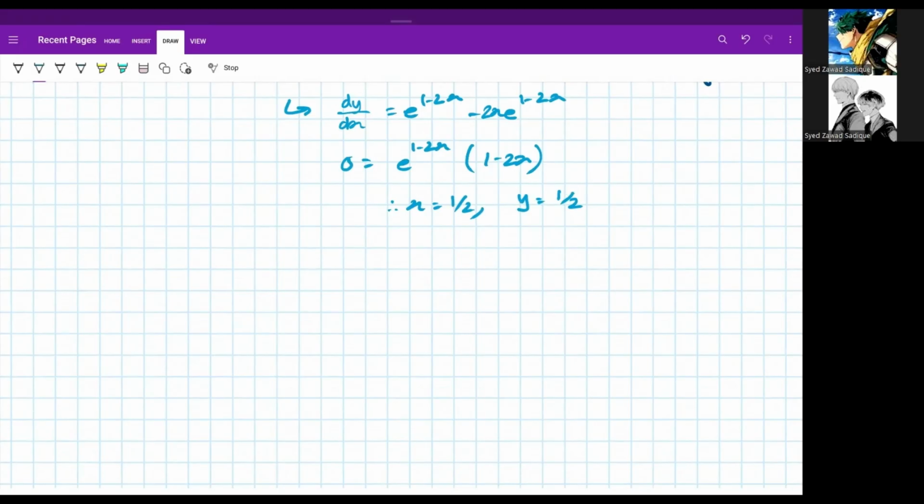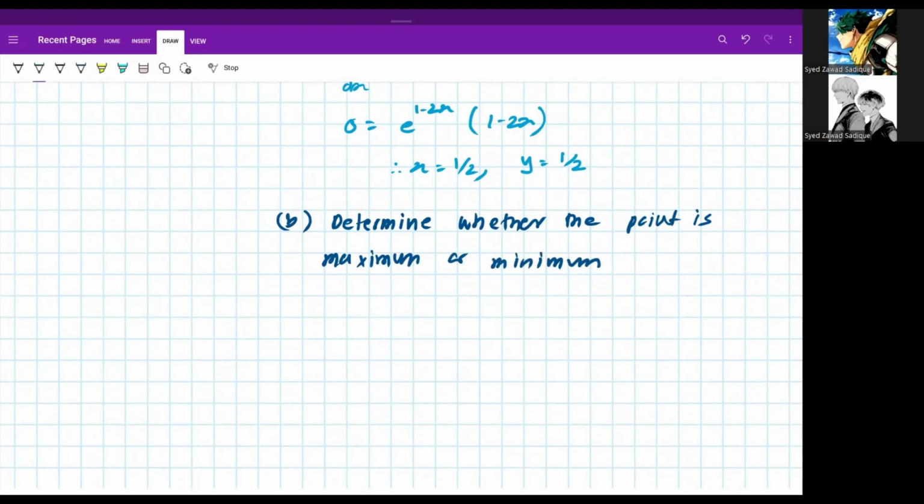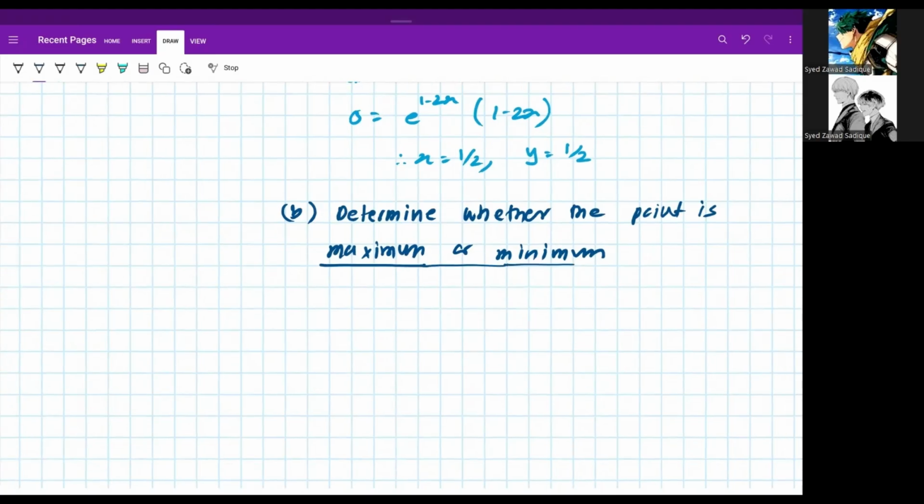Okay, now separately, part B will ask, determine whether the point is maximum or minimum. Now, what most people do is they find the second derivative.